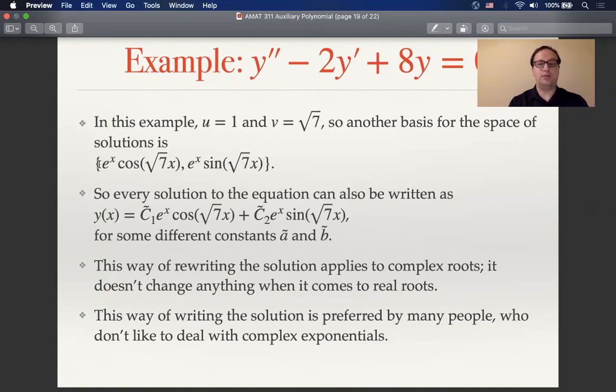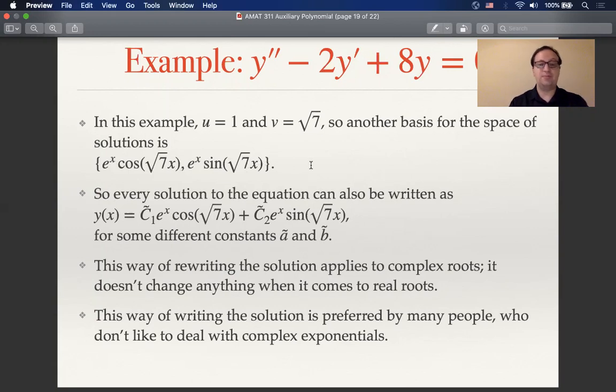So when we have this pair of roots, 1 plus or minus i square root of 7, this gives rise to a pair of real solutions which can replace the complex exponentials, and it's e to the 1 times x cosine of square root of 7 times x and e to the 1 times x times sine of square root of 7 times x.